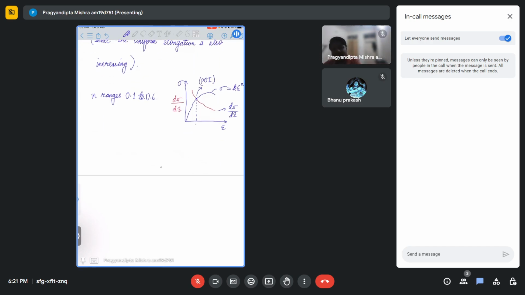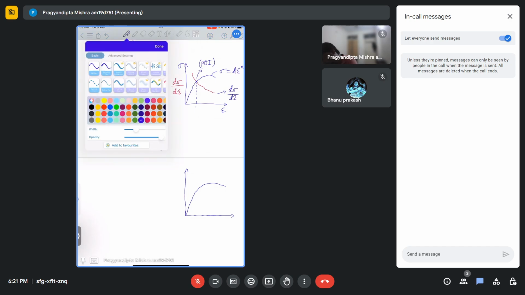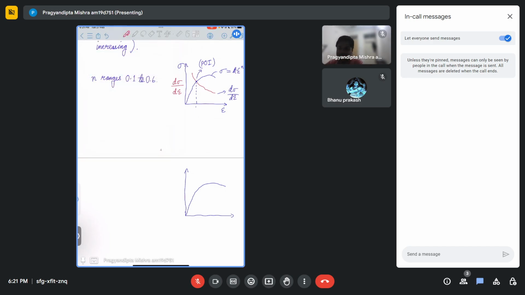So say if you have a higher value of n, let's draw and see how that looks. How would the curve look if the n value is higher? So you will have this kind of curve if the n is higher. But if your n value is lower, then your curve would look something like this. We'll use a different pen. Let's assume that the elastic part is the same.